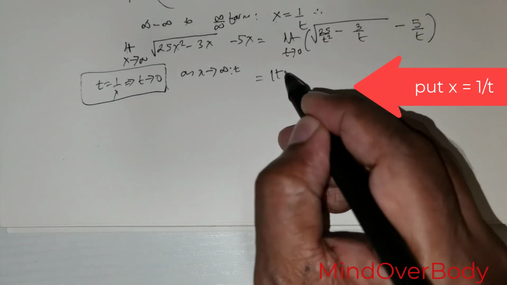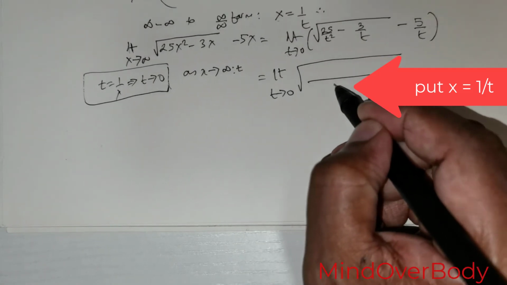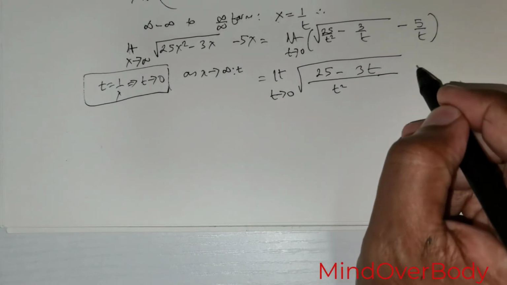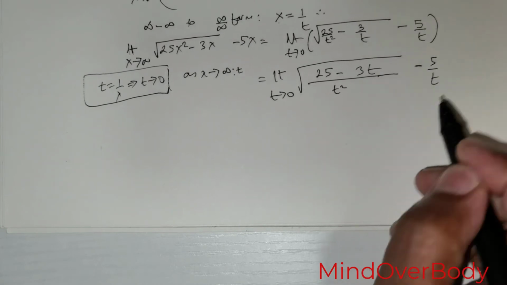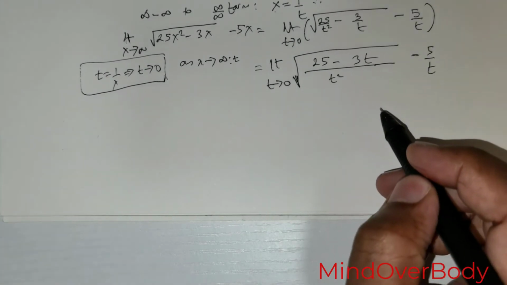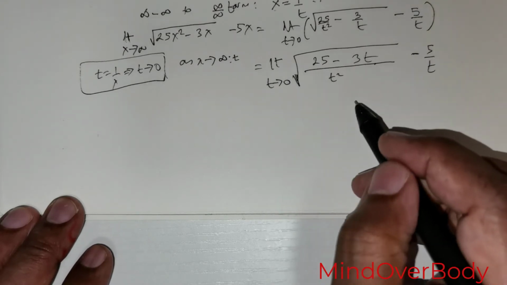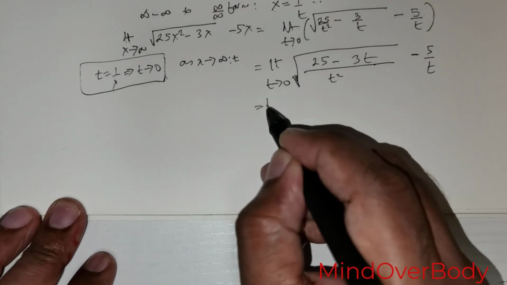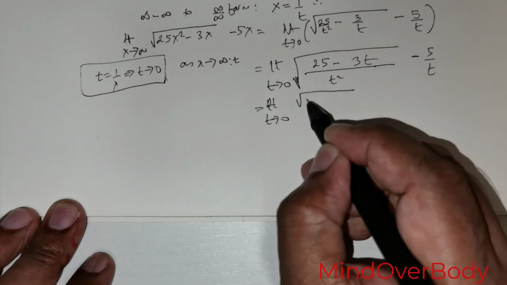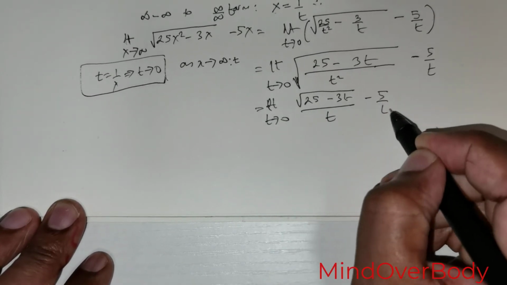Now I will have to simplify this part. So this is a limit t tending to 0 of, I'm going to take the LCM as t squared. This is going to be 25 negative 3 times t, followed by negative 5 over t. Now clearly I can take the root for this. So this is going to be limit t tending to 0 of root of 25 negative 3t divided by t, negative 5 over t.